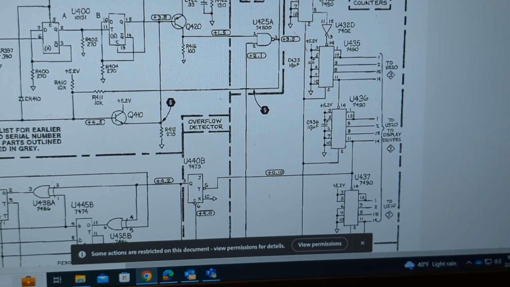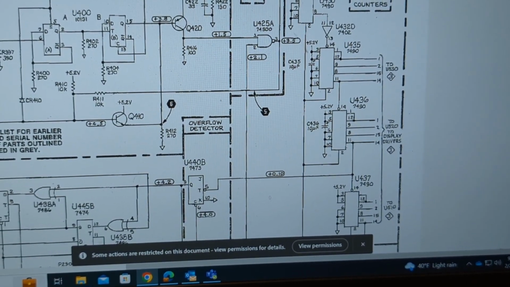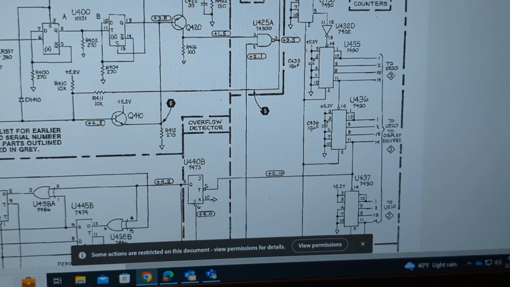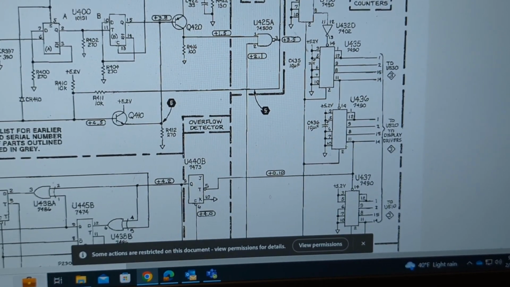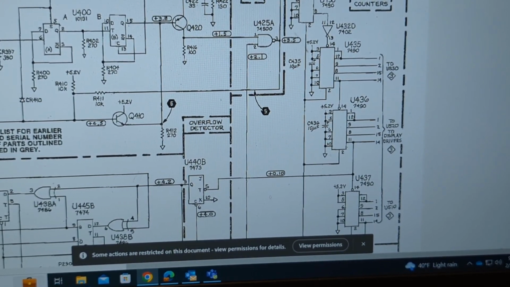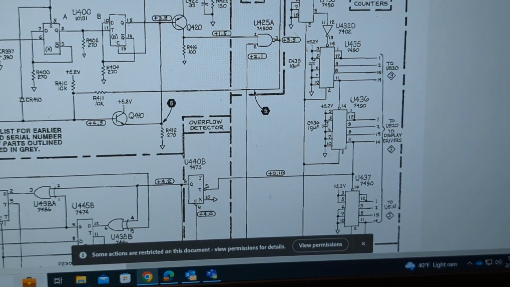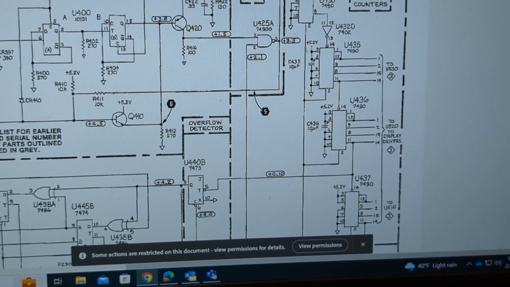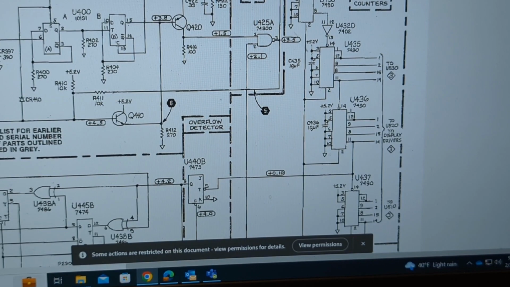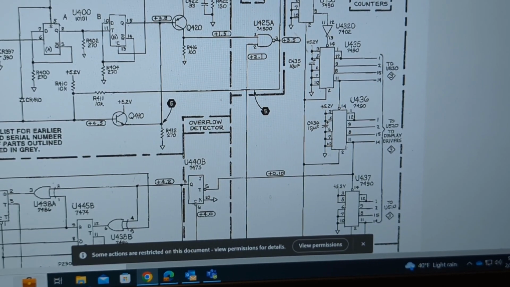Okay, so I was at my wit's end with this one, and I pretty much came to the conclusion that if I wanted to fix it, I was going to have to get a better understanding of the circuit and how it works. Now, mind you, I'm still learning electronics. I love repair because it allows me to learn more about electronics.